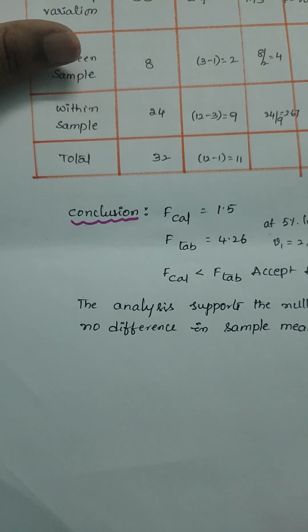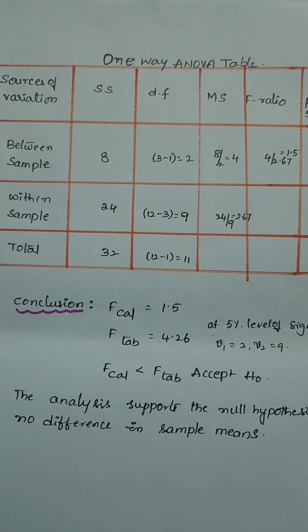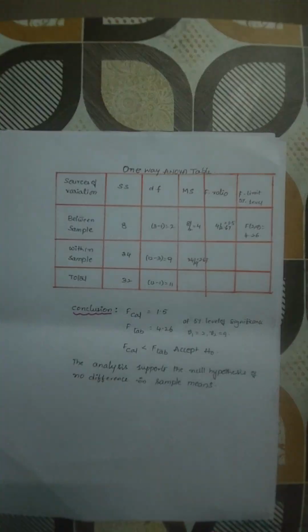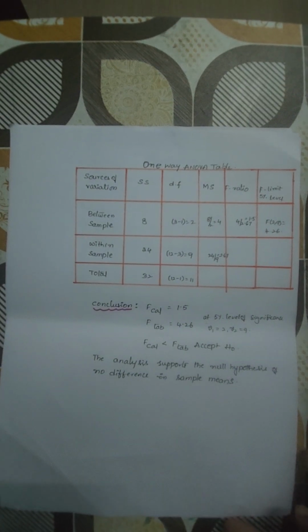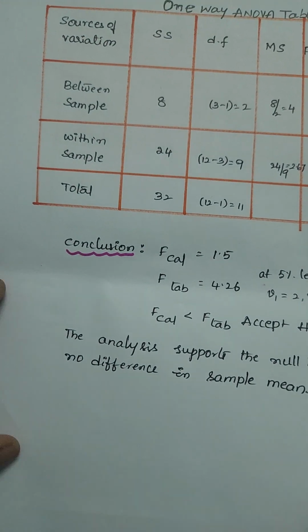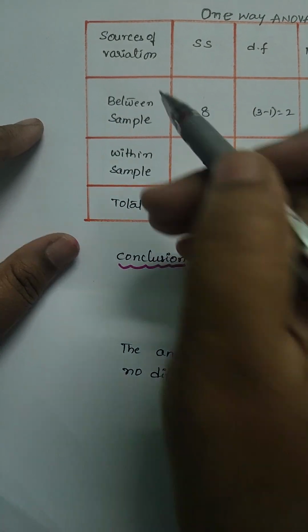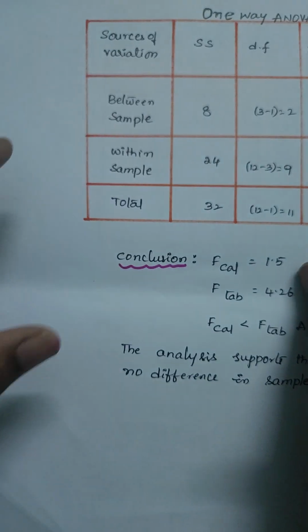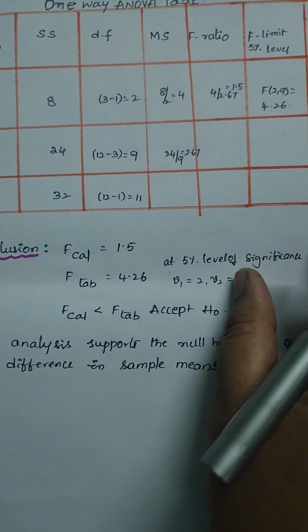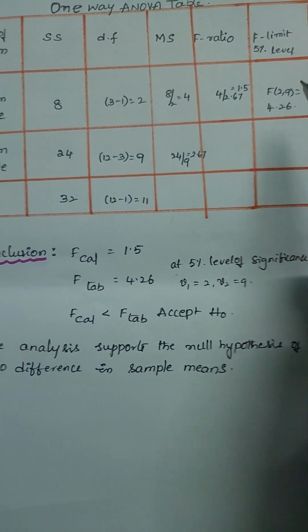Now the one-way ANOVA table. In this table we have sources of variation, SS, DF, MS, and F ratio and F limit at 5% level.